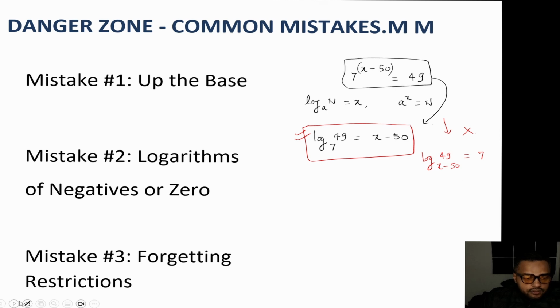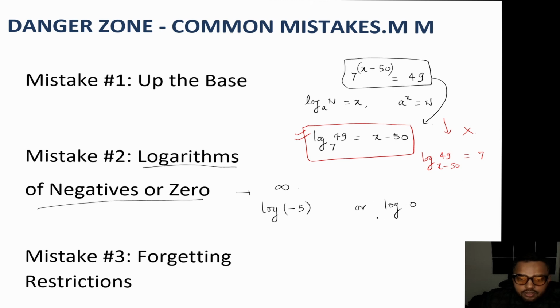Now comes the next part, that is logarithm of negatives or 0. It will always be undefined. Okay, students, it will not be defined. For example, the logarithm of any negative number, let's say negative 5, or the logarithm of 0, all of these will be undefined. We can't find the value of these logarithms.